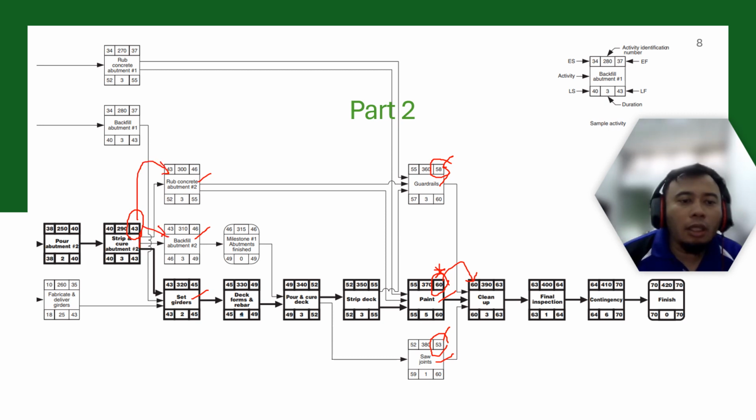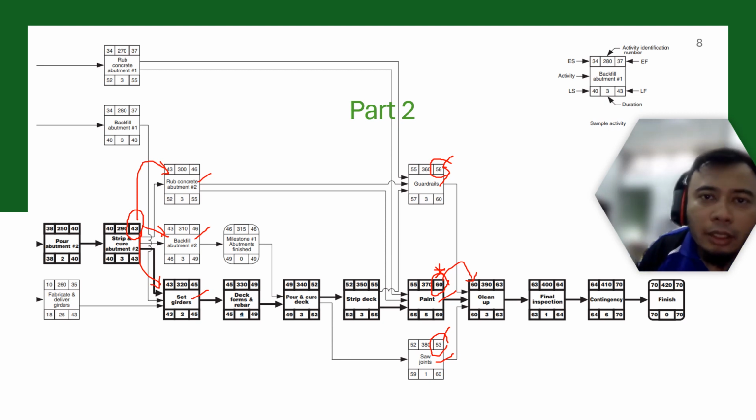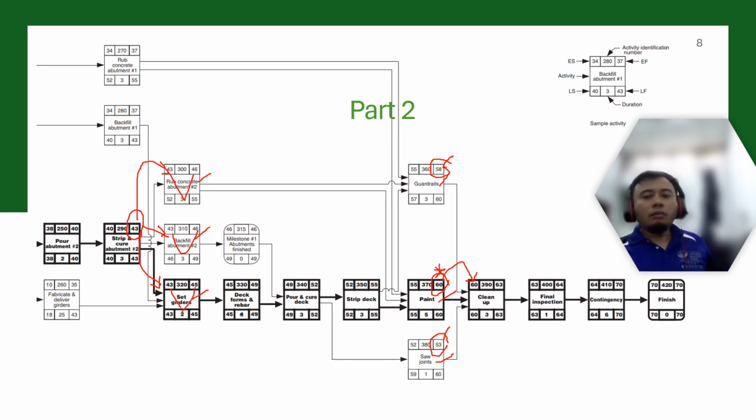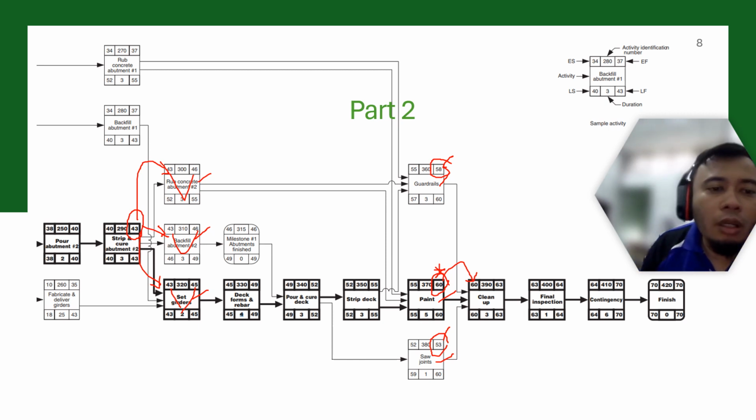You can see that day 43 becomes the earliest start for these three activities. So day 43 plus 3 gives 46, plus 6, and 43 plus 2 is 45. I hope it is clear for you to compute the days for the activities.